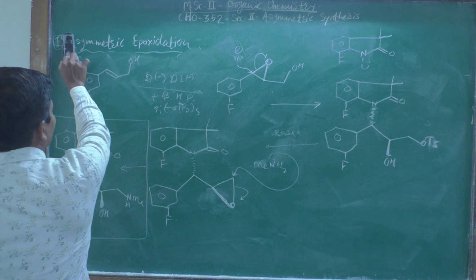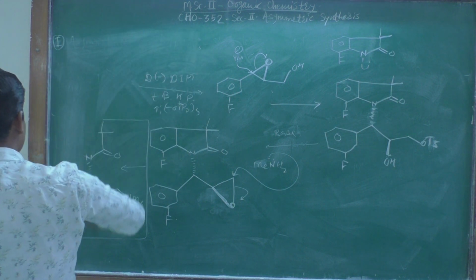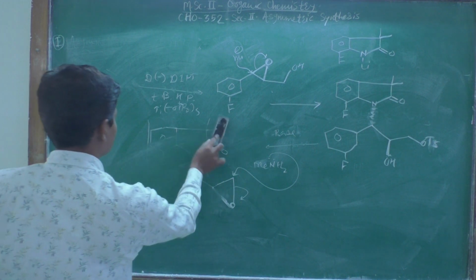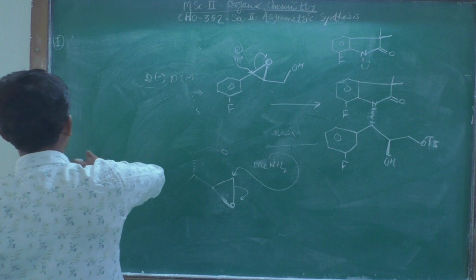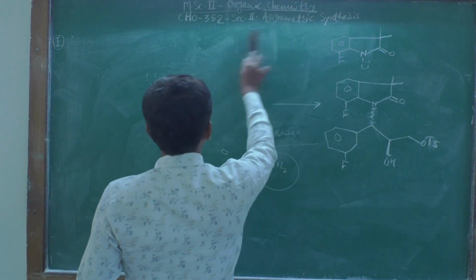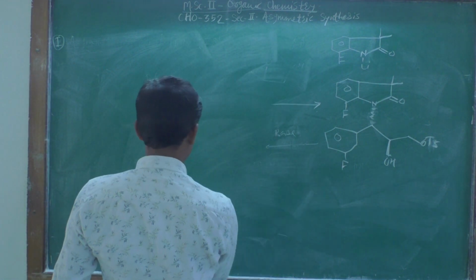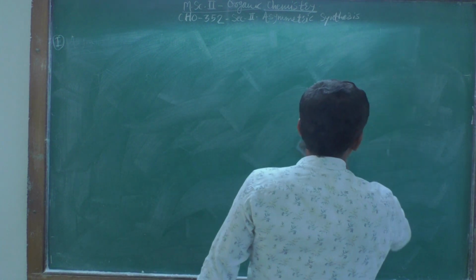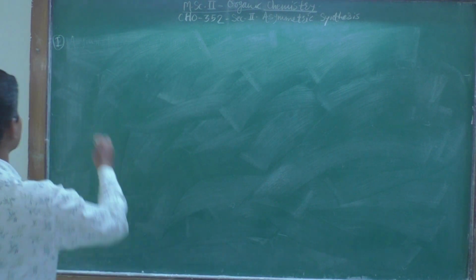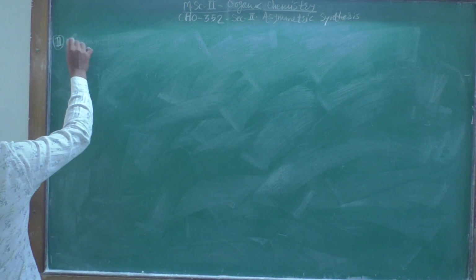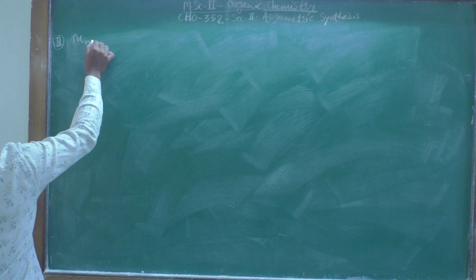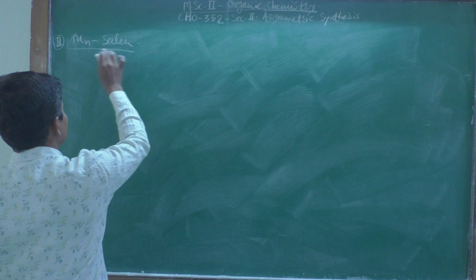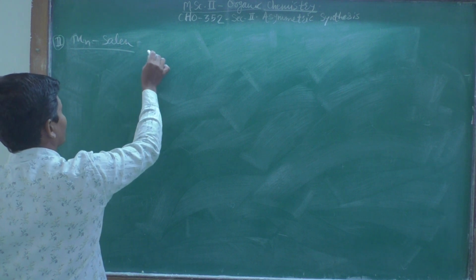Now the second type of epoxidation that we are going to see is the manganese catalyzed Jacobsen asymmetric epoxidation. Manganese salen is the short name of that chiral catalyst.